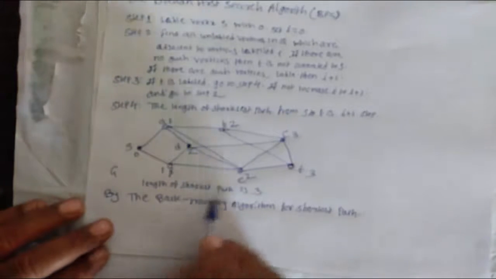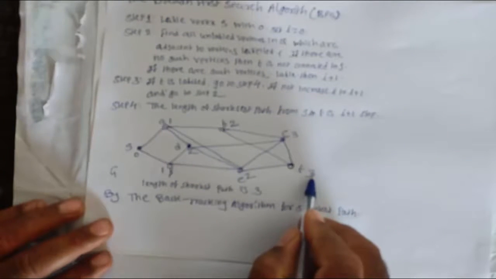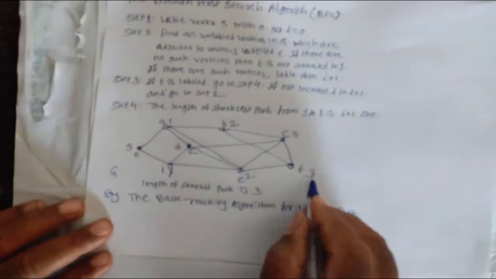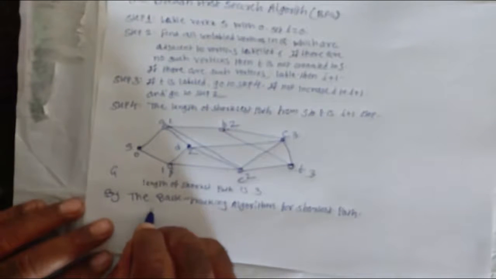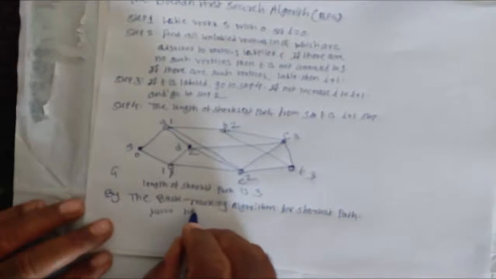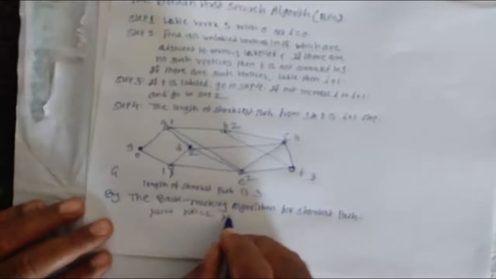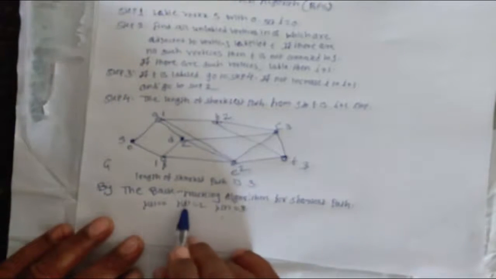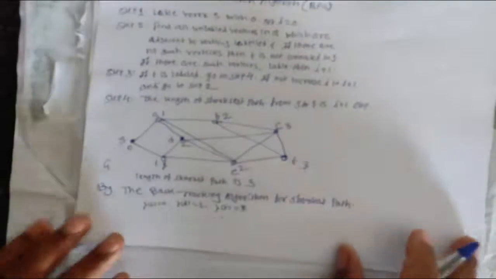Here the label is denoted by lambda. That means lambda of S is 0, lambda of D is 2, and so on, like lambda of T, lambda of D, lambda of B.